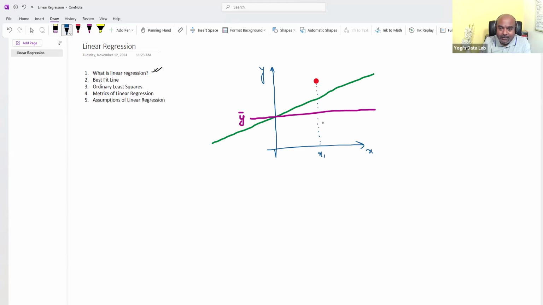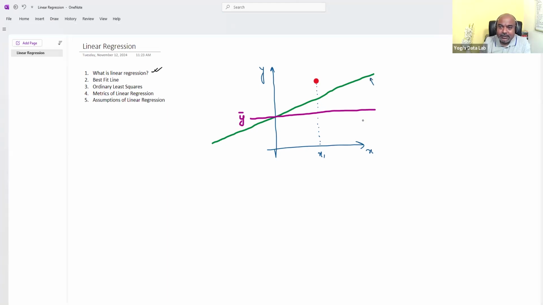If you look at this equation, this is the equation which has been formed. Whenever I give it the value x1, it is always going to predict me this value because this is a mathematical equation which has been formed. So I'm always going to get this value of y, which is to be predicted when x is equal to x1.